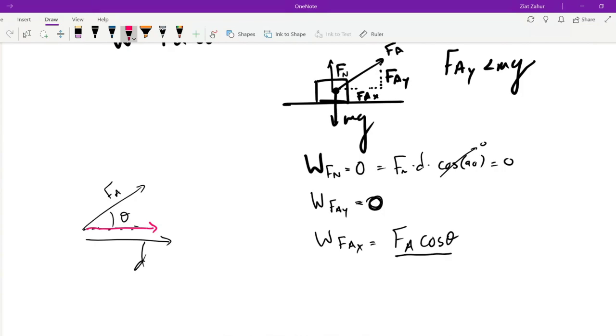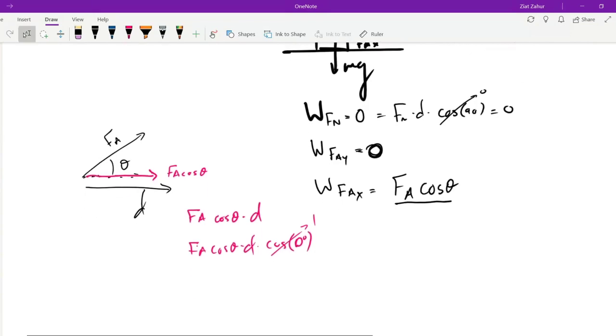So one could say that this is FA cosine theta, and I'm taking the dot product between FA cosine theta and d, and so you would do FA cosine theta times d times cosine of 0 degrees, and of course cosine of 0 degrees is 1.